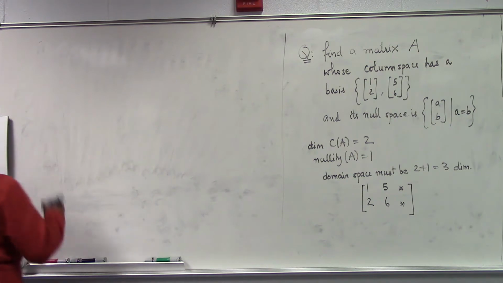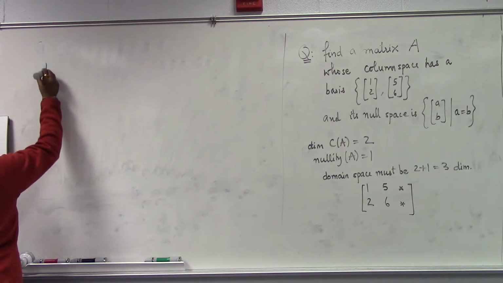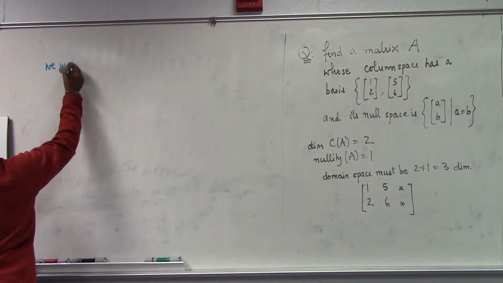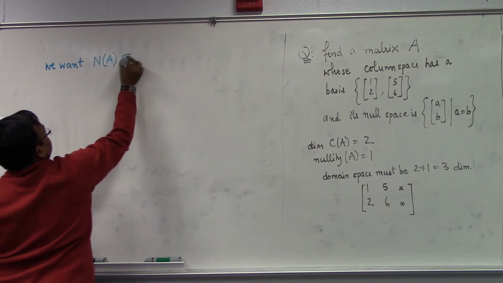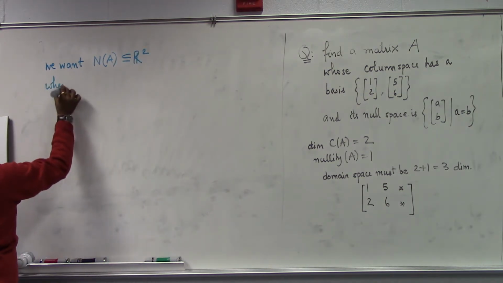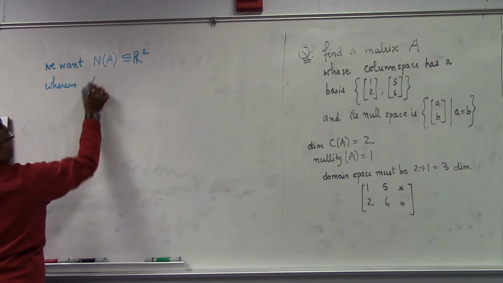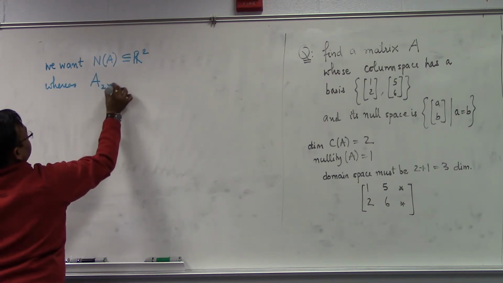We want the null space to be a subset of R2, whereas in our situation, A has to be a 2x3 matrix.